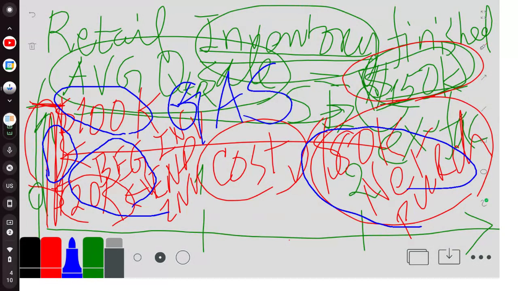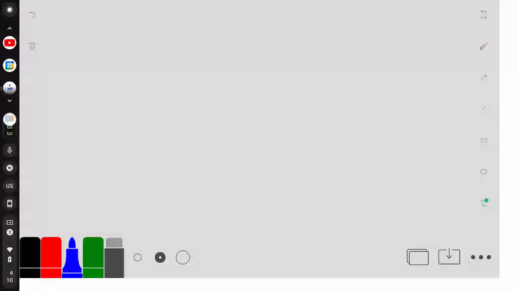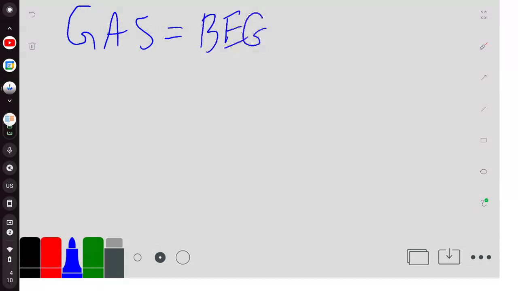Therefore, it is called GAS, goods available for sale. Okay, so GAS is basically beginning inventory plus net purchase.